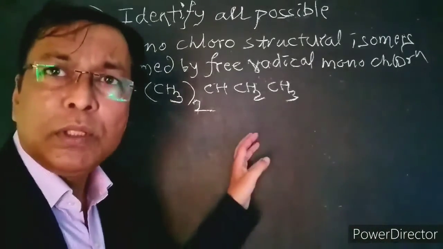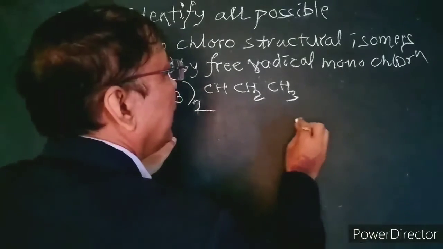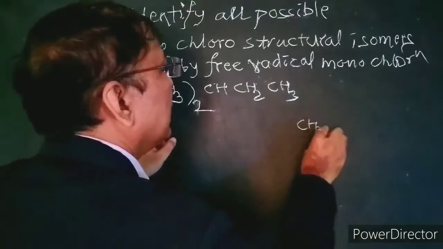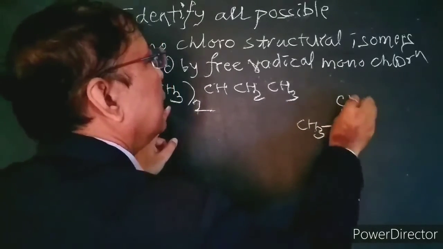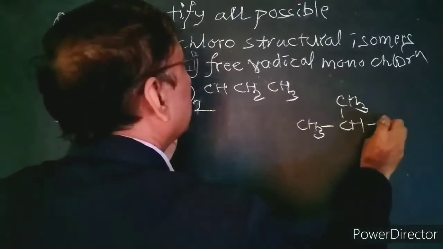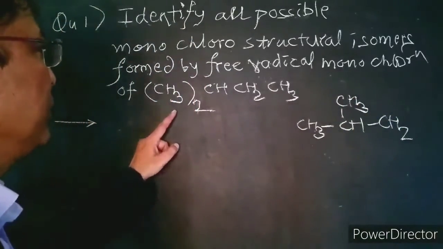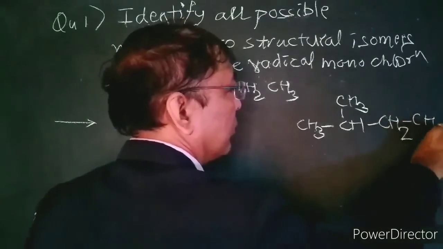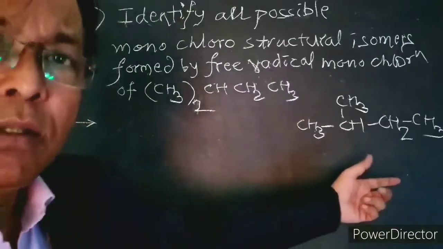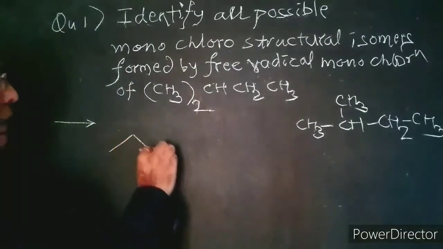To solve this question, let us first write the given formula in a simplified form, that is CH3, CH, CH3, CH2, CH3. I write this in bond line formula. It is like this.